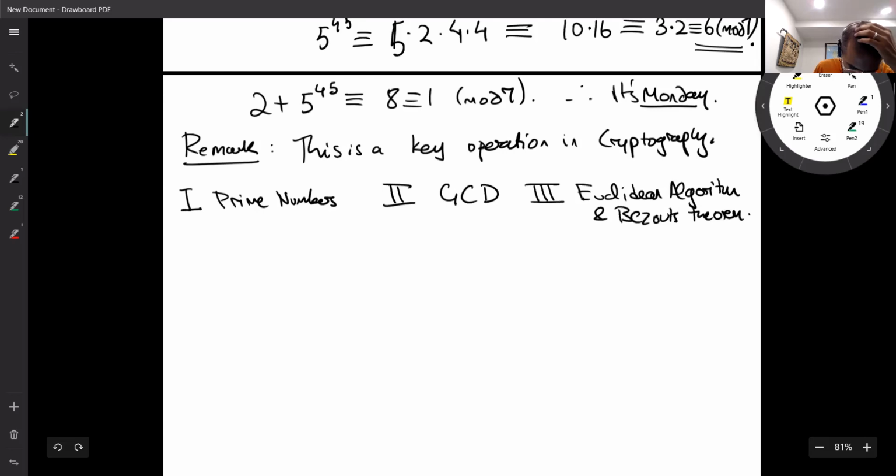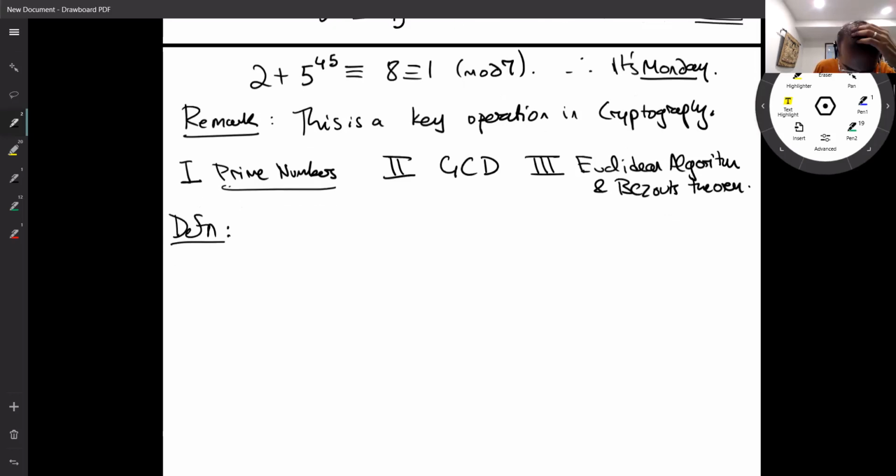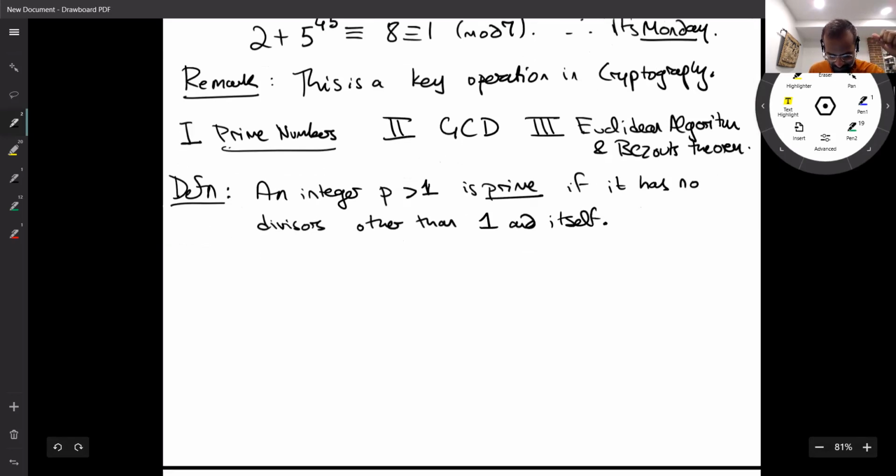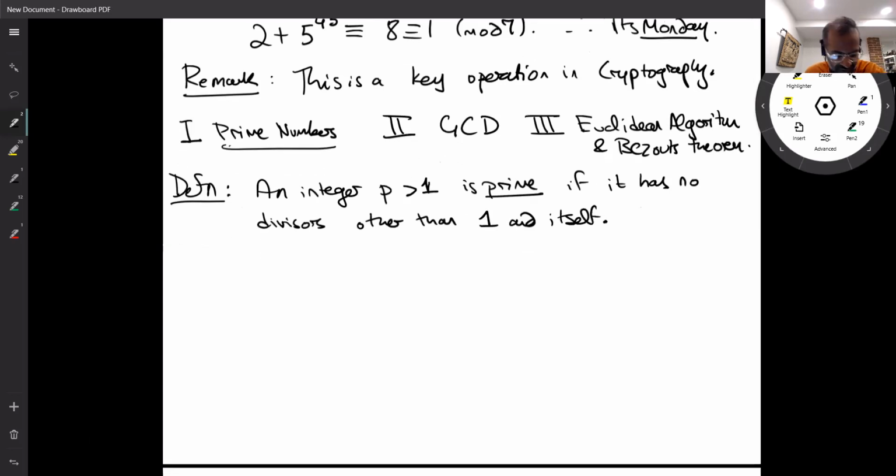So let me start by talking about prime numbers. Here's a definition. Maybe many of you have seen it before. An integer p strictly greater than 1 is prime if it has no divisors other than 1 and itself. For every number, 1 divides that number and the number divides itself.